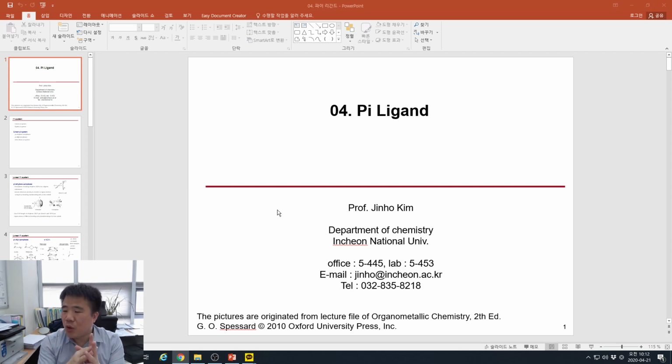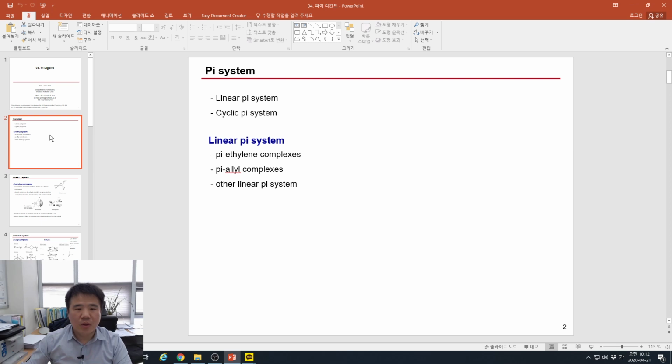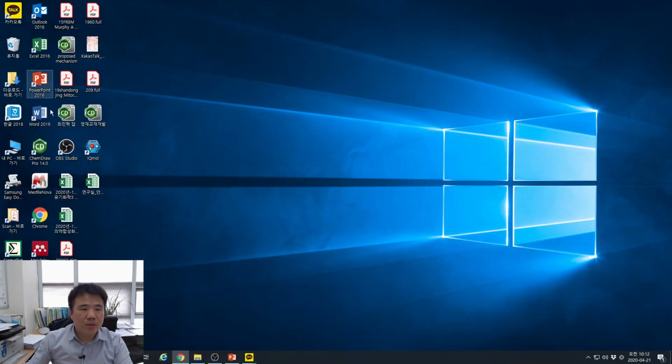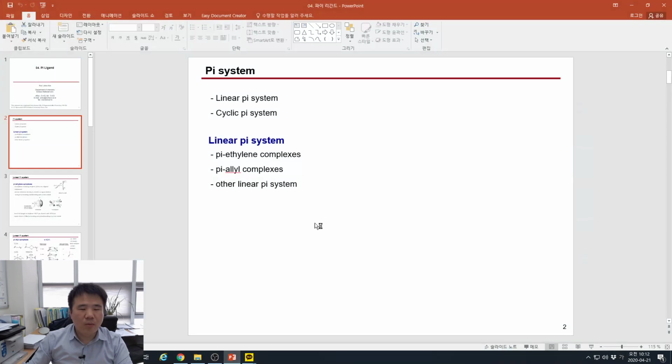So today we will talk about pi ligand. Pi ligand is kind of a unique ligand. If you look at the pi ligand, two types of pi ligand are possible.